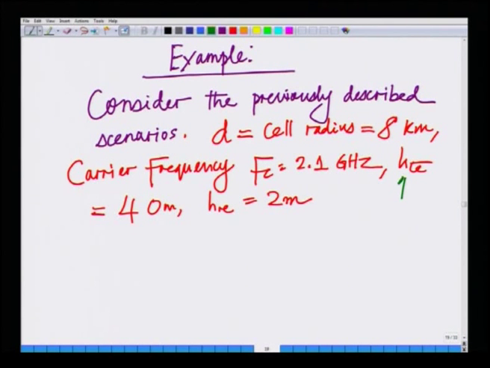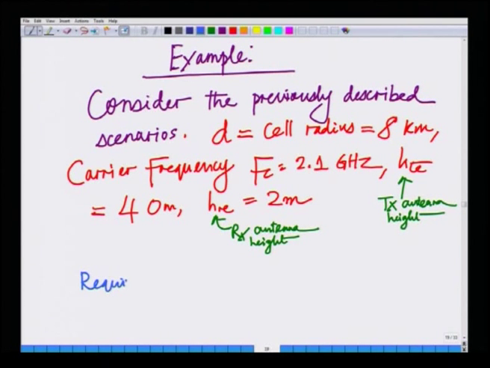Let me just write this again. This is the TX antenna height and this is the RX antenna height. And we require a reliability of 95%, the temperature is 293 Kelvin.